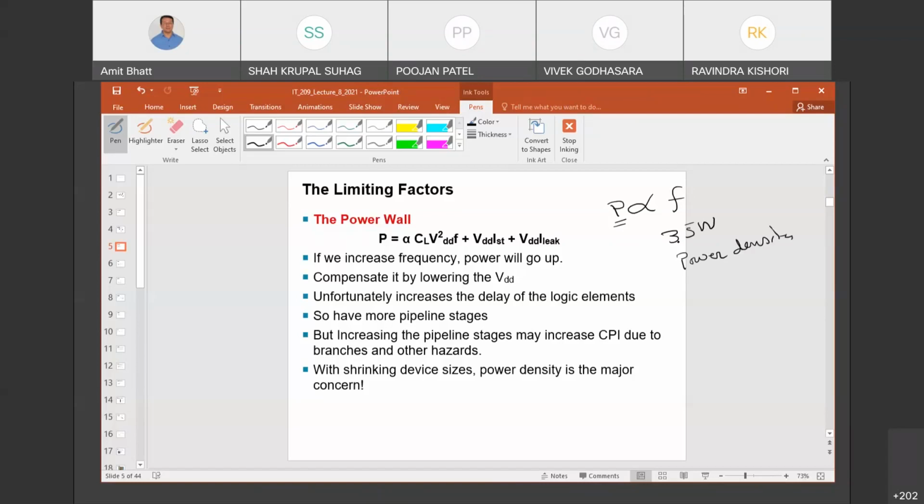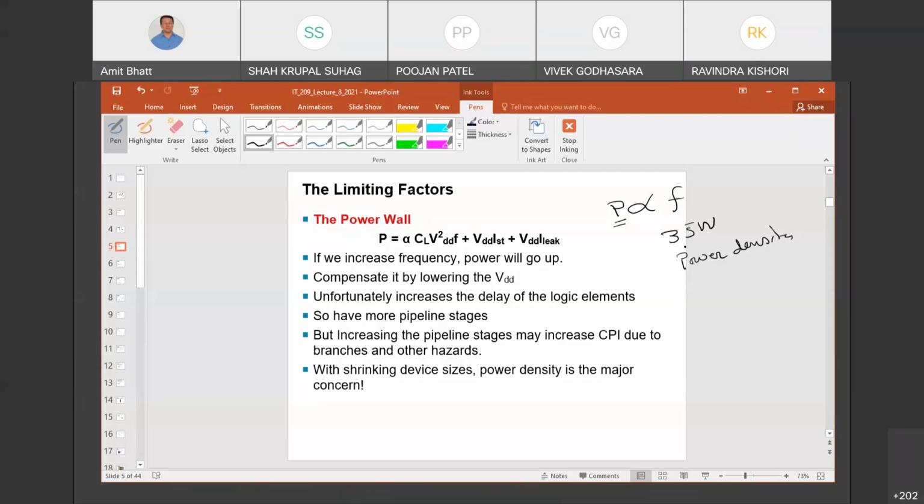Power density means, okay, you are using a power of 35 watts. What is the byproduct of power? It's heat, right? Turn on your incandescent bulb, 100 watts, and the bulb will get very hot. You don't want heat, you just want light, but heat is an unnecessary byproduct, but you have to deal with it.